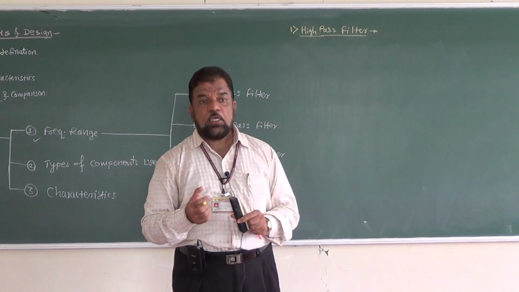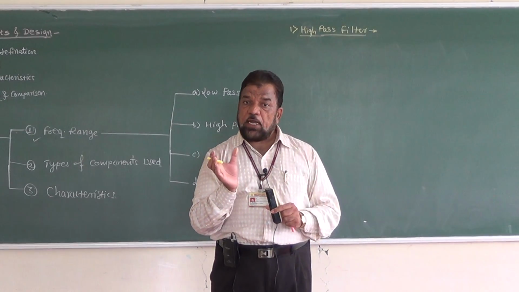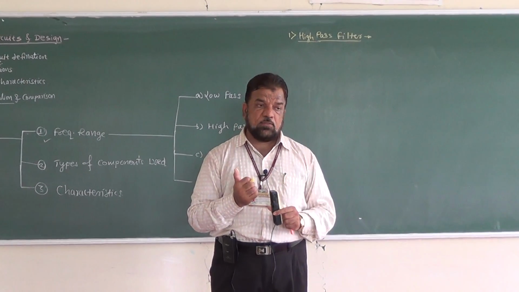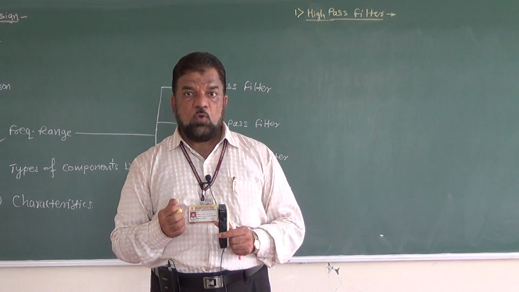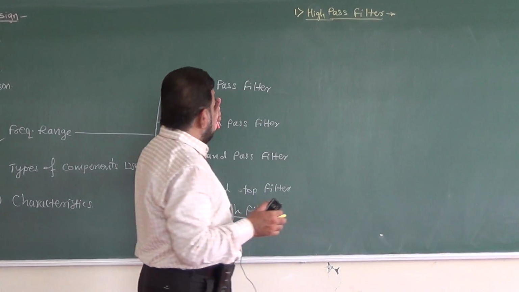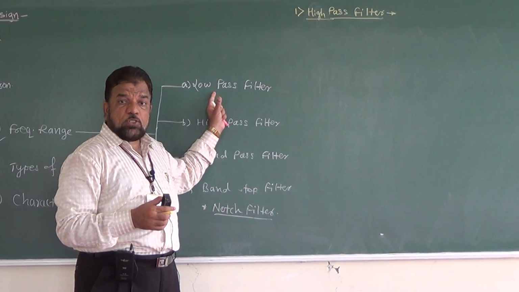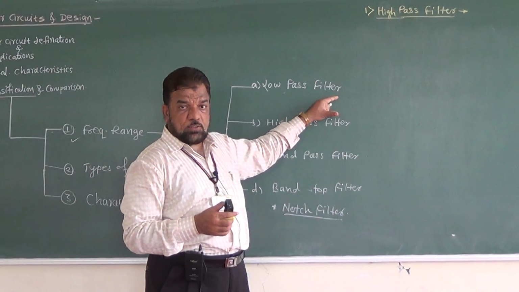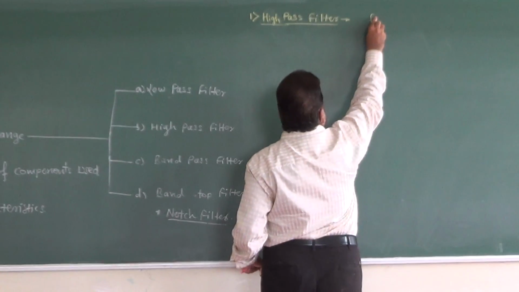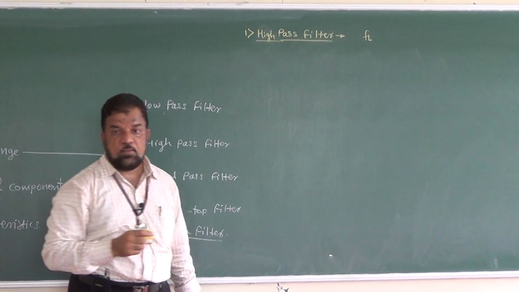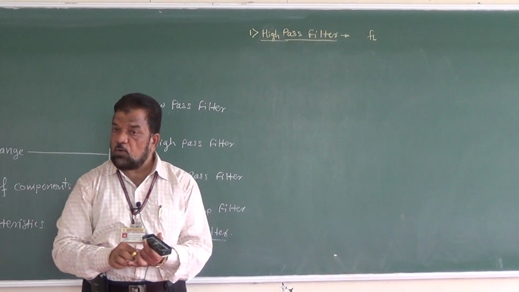In other words, a filter circuit which attenuates lower frequencies, that circuit is called a high pass filter. Okay, that means in case of low pass filter, there is a transmission up to FH. Now here I will write the term from FL. Okay, try to get the point.